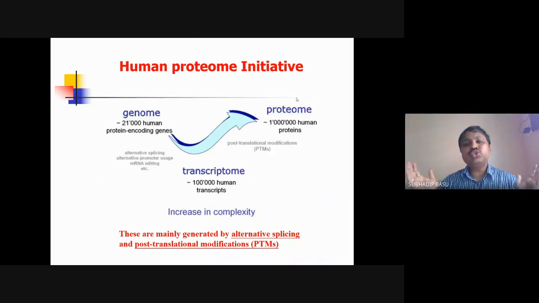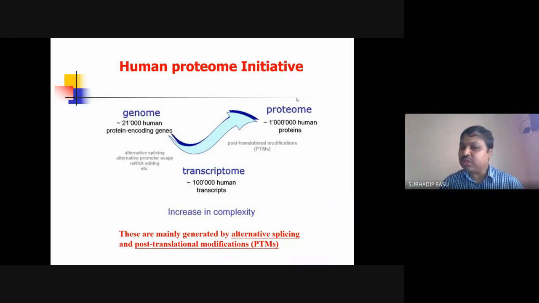So there was a huge human proteome initiative. For example, we have around 21,000 human protein encoding genes, and through the transcriptome we have close to 100,000 different human transcripts, that is the RNA transcripts. So from 21,000 we have close to a 1:5 ratio, and we have many different splicing variants in our transcriptome.